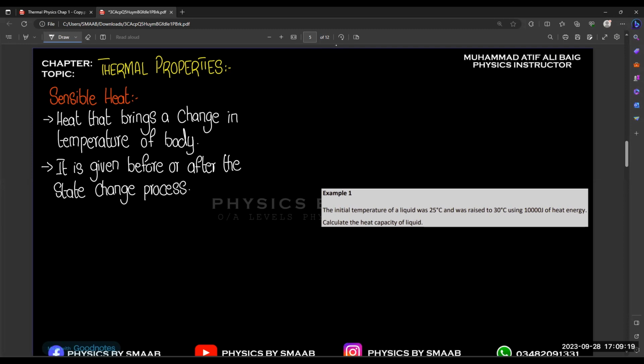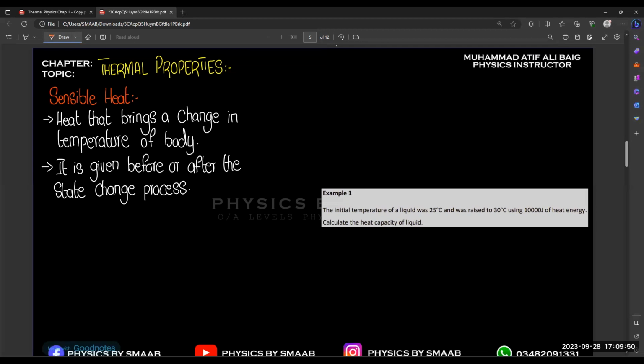In very simple words, sensible heat is just the basic concept of heat that we supply to any object to change the state, just like from solid to liquid or liquid to gas. If you want to change the state, you definitely need to supply thermal energy to the body. That's why we write it is given before or after the state change process, right? This is the basic concept of heat.